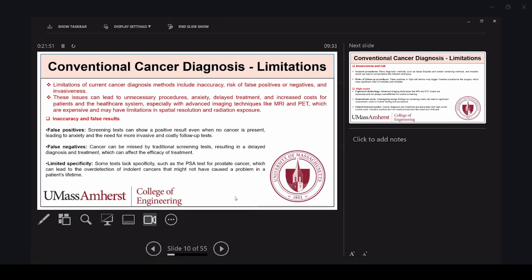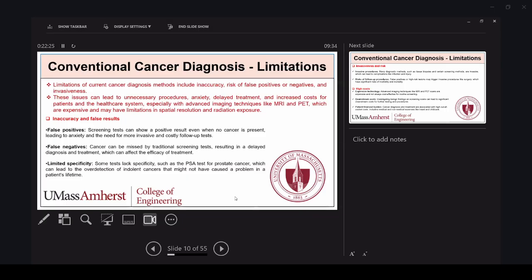And this leads to unnecessary procedures and anxiety, delayed treatment, and cost to the healthcare system, with advanced imaging techniques like MRI and PET, which are expensive and have many limitations, right? It can also lead to inaccuracy and false positive results, where the screening test shows a positive result when no cancer is present, leading to anxiety and the need for invasive or costly follow-up tests.